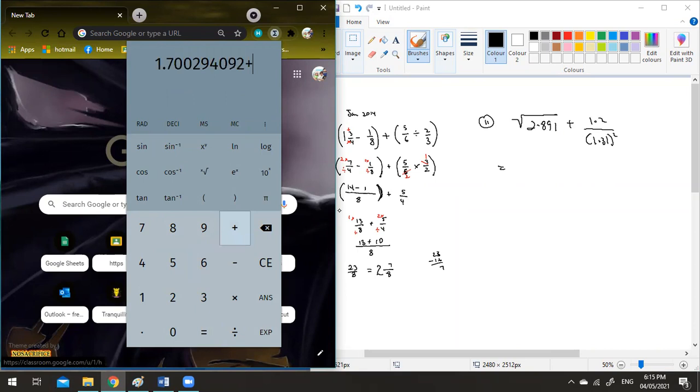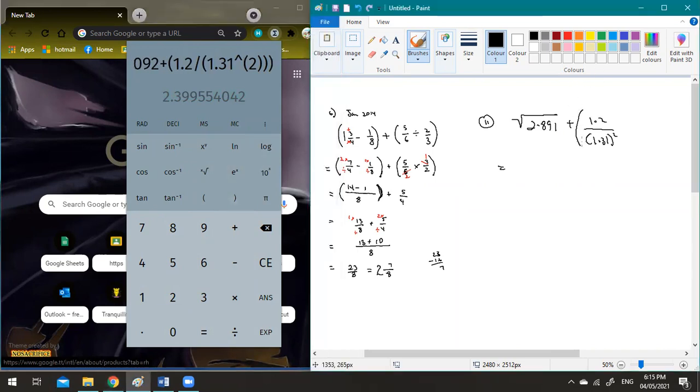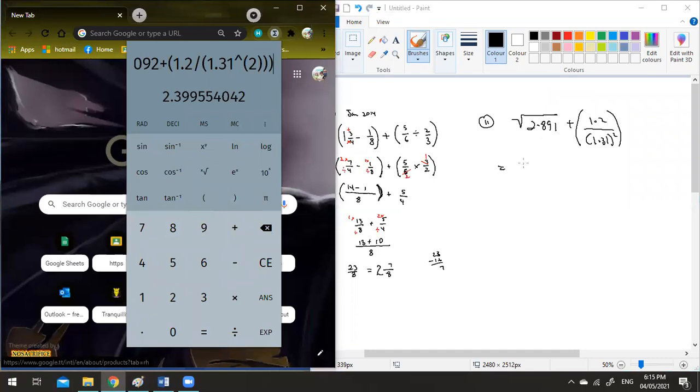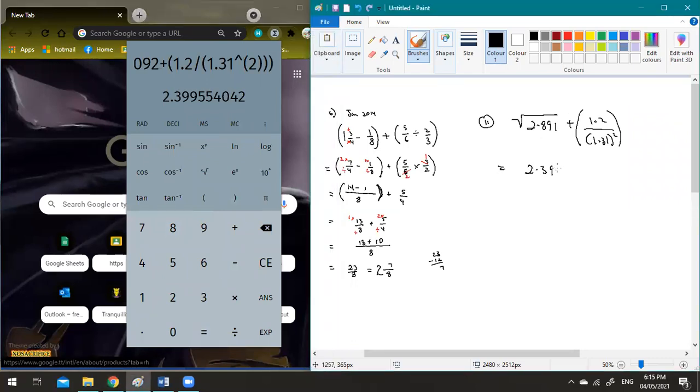Then you add, open a bracket 1.2, divide by, and you open another bracket for the bottom part, 1.31 squared. Close the bracket for the bottom part and close the bracket for the entire thing. And it equal 2.39955.